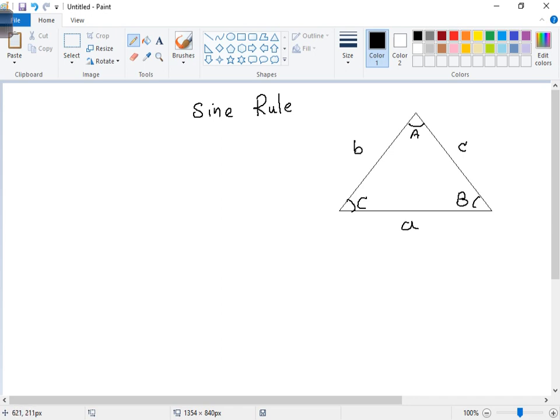We realize that the angles we write in capital letters, and the sides in lowercase letters.